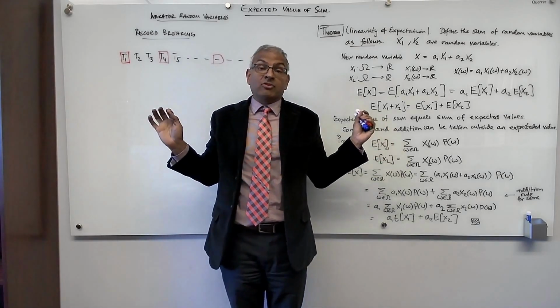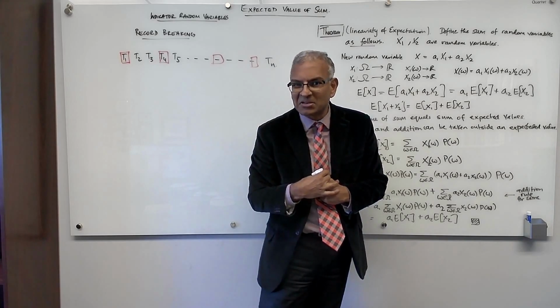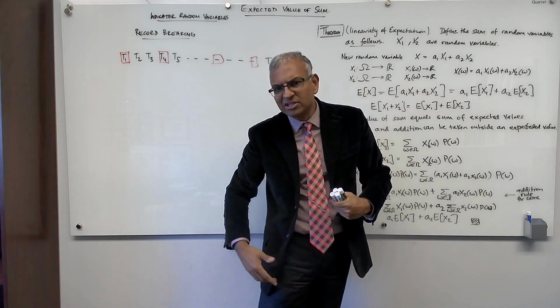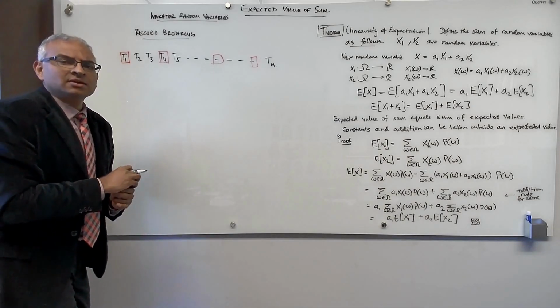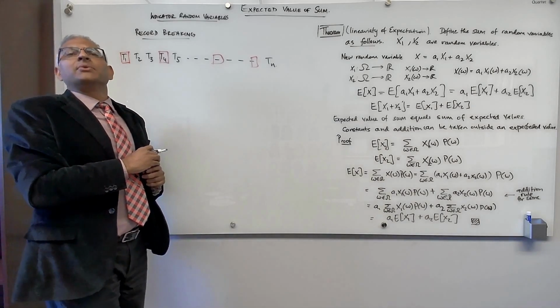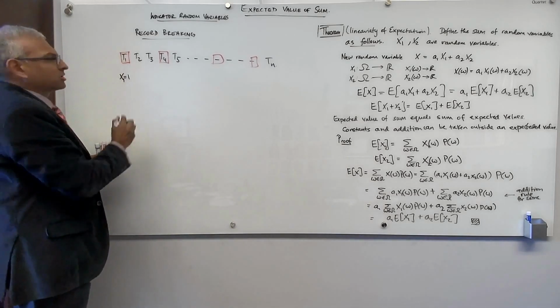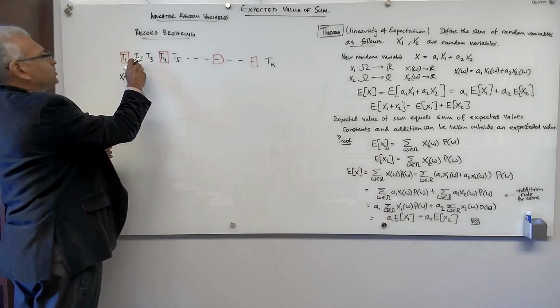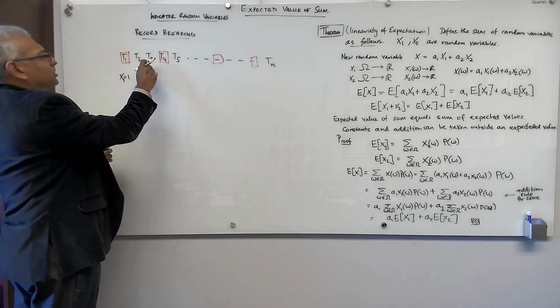That looks like a very, very complicated thing to analyze. Once you break it down using indicator random variables, it just reveals its secrets. So here we go. We will define an indicator which says, was today a record or not? So X1 equals 1, because it was a record. In this case, X2 equals 0, not a record. That means it was less than T1. X3 equals 0, not a record.